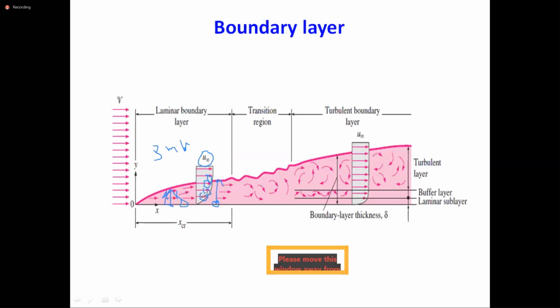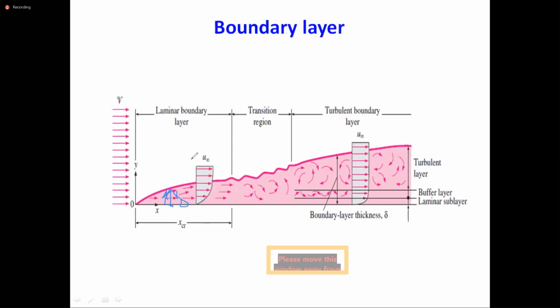This is 0.5, this is 1.5, and like that it keeps on increasing towards this and reaches the free stream velocity. The thickness, that is, the distance at which the fluid particle velocity becomes equal to the free stream velocity, is called the boundary layer thickness. Throughout this thickness it forms a layer called the boundary layer.